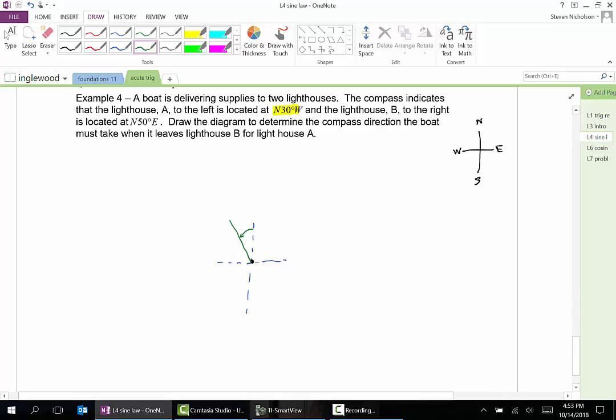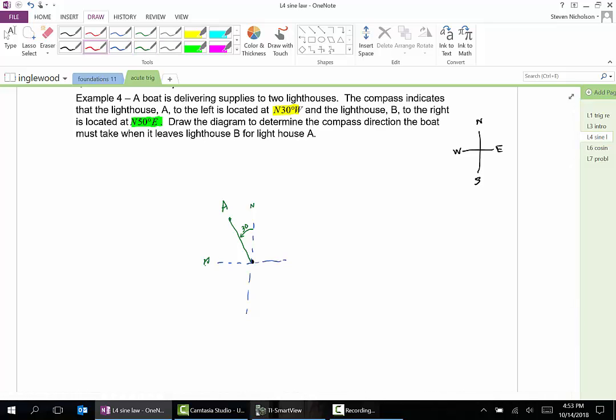Now there's not enough information here to tell how fast the boat is going, how far the boat's going, or things like that, but that doesn't matter. So here's this picture right here. That's what we mean by north 30 degrees west. So the second part of the picture then says, well, the other lighthouse, let's label that A for lighthouse A, is north 50 degrees east.